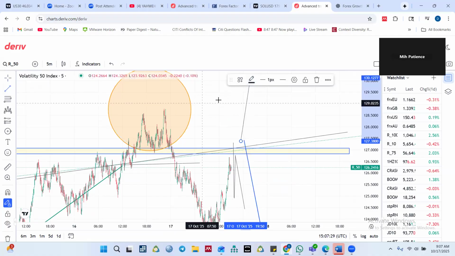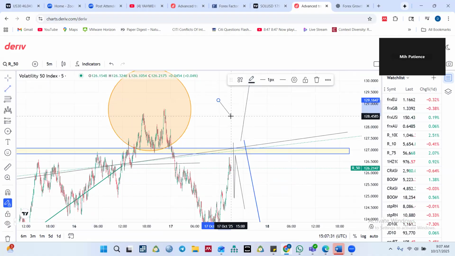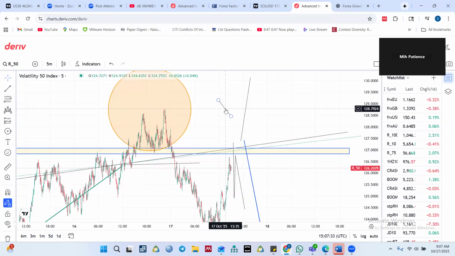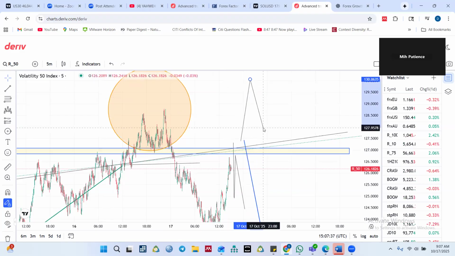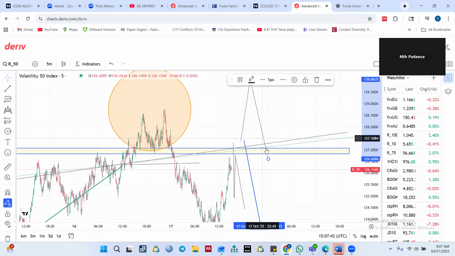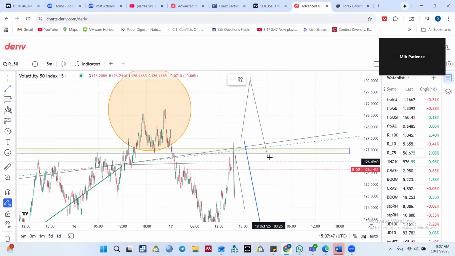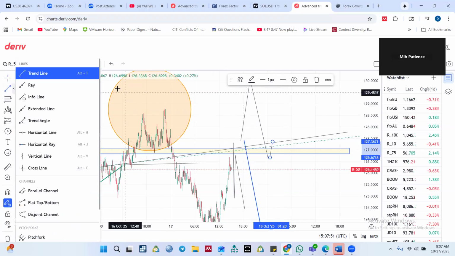Then it went up and then dropped. Then when it came below the horizontal support resistance, it retested a little and then fell.